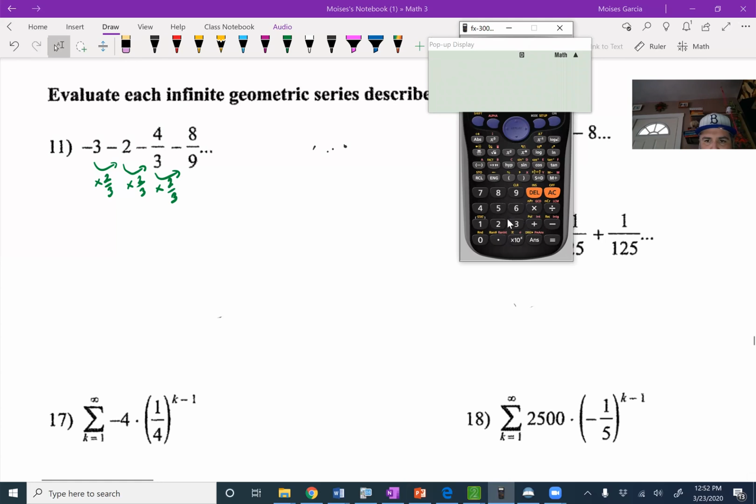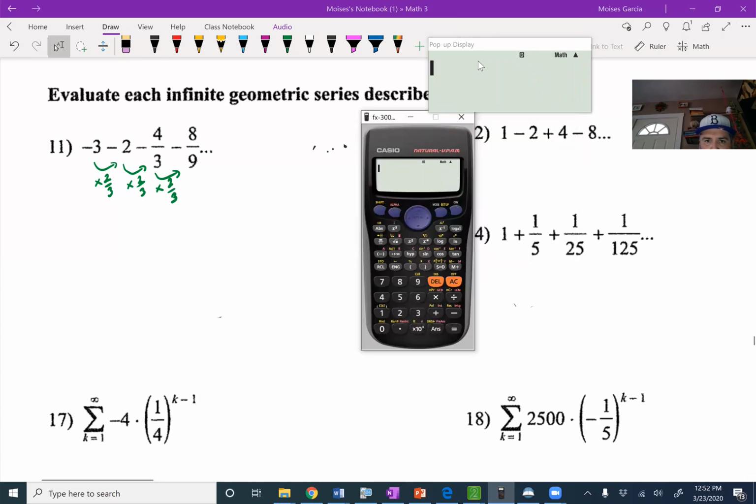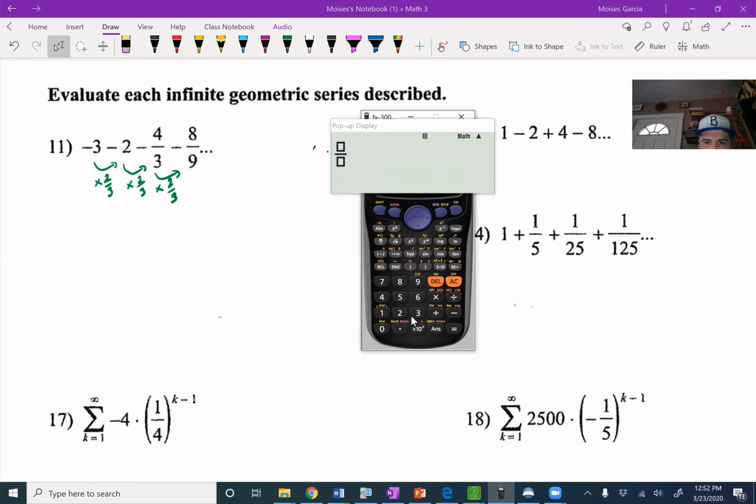Let me show you that. If I go with the calculator here, and I write down -3, and then I'm going to program this to be times 2/3 times 2/3.